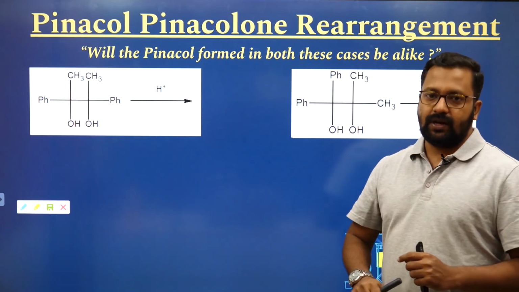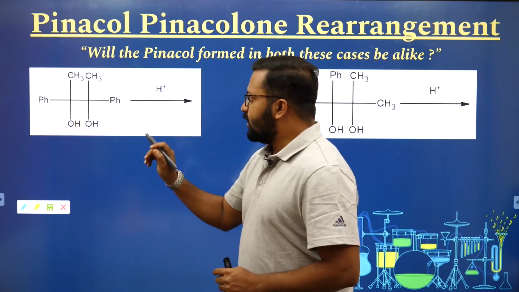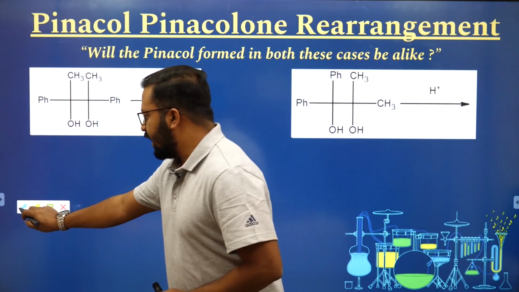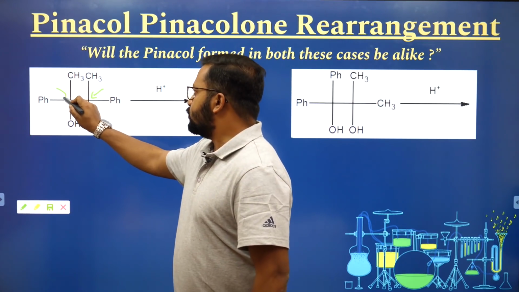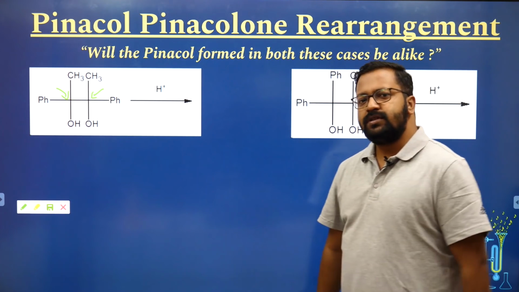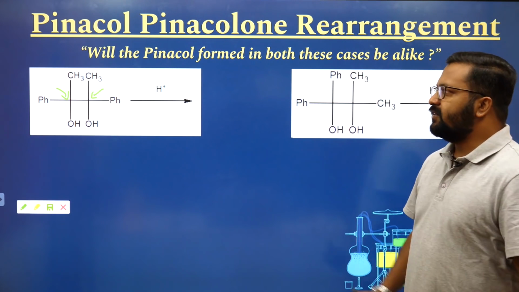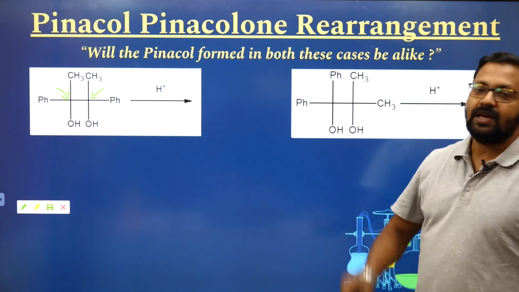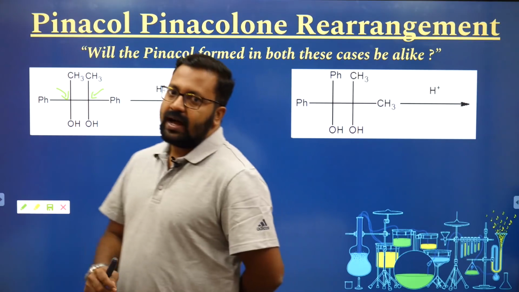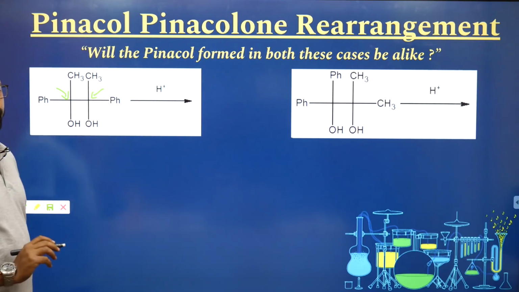Now what will be the outcome of the reaction? Now, एक बात बताइए, if I form a carbocation at this position or at this position, will there be any difference? No, because the groups are alike. So what I do is I form a carbocation at any of these two positions.